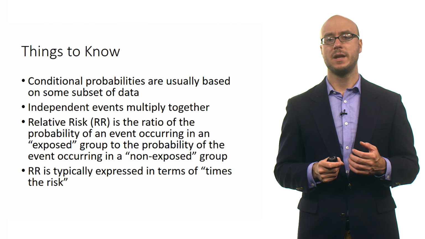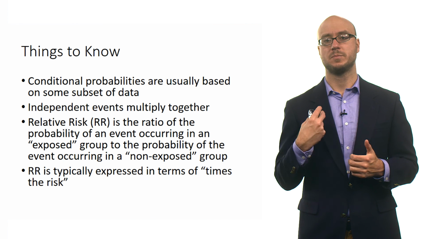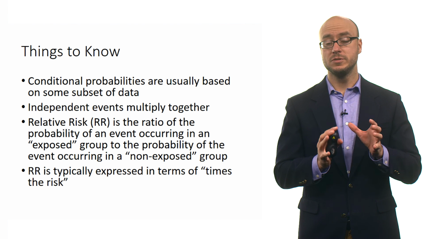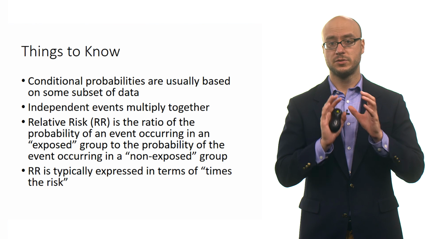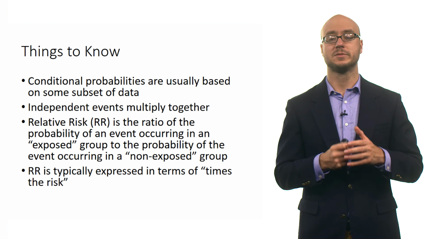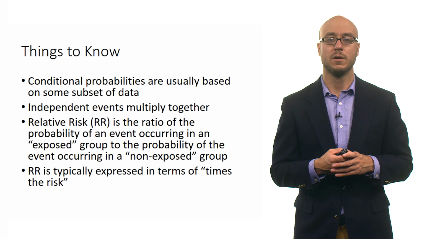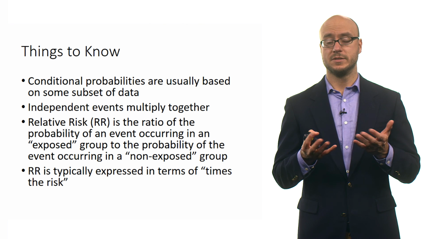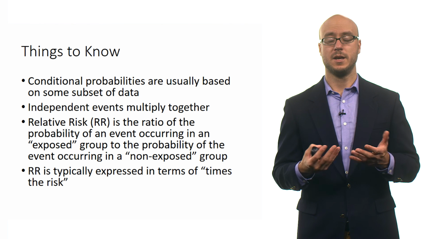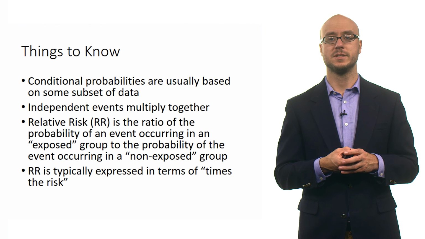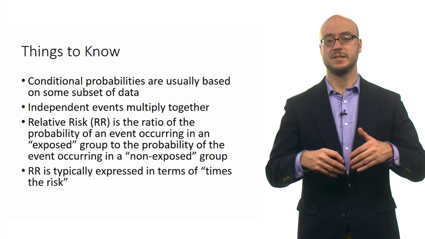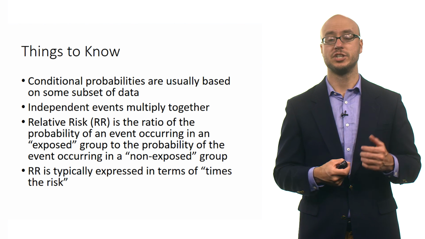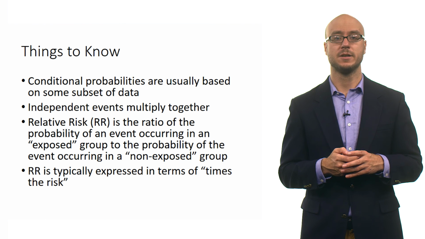If A and B are independent, the probability of A times the probability of B equals the probability of A and B. And we can use that with 2x2 tables to understand if two variables are independent or dependent. But often, independent events don't really exist in most instances. We like them because they make calculations easier, but in reality, conditioning often does matter.